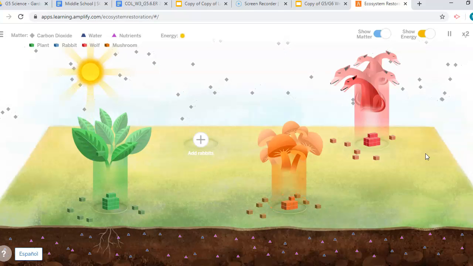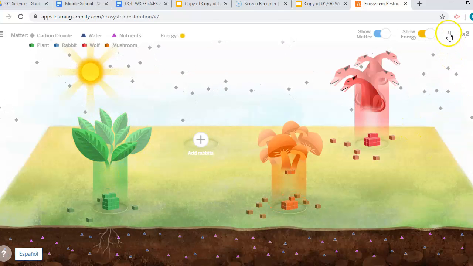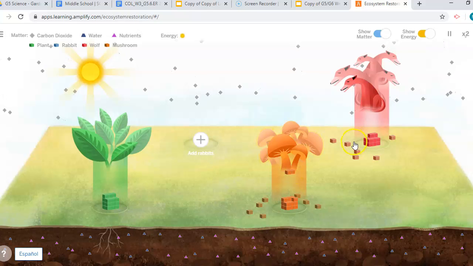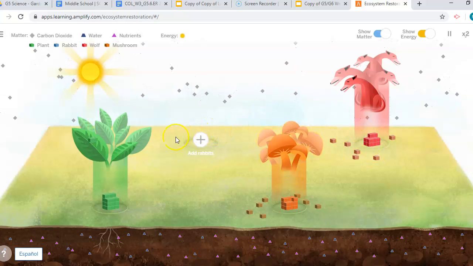Okay, I'm going to pause. Once again, you will tell me, what do you notice about what happened to the wolves? They look like they're getting sick, or they're droopy, or eventually dying off. Also, if you notice, the matter cubes are decreasing. I'm going to still hit play. The matter cubes are decreasing because the wolves depend on the rabbits.